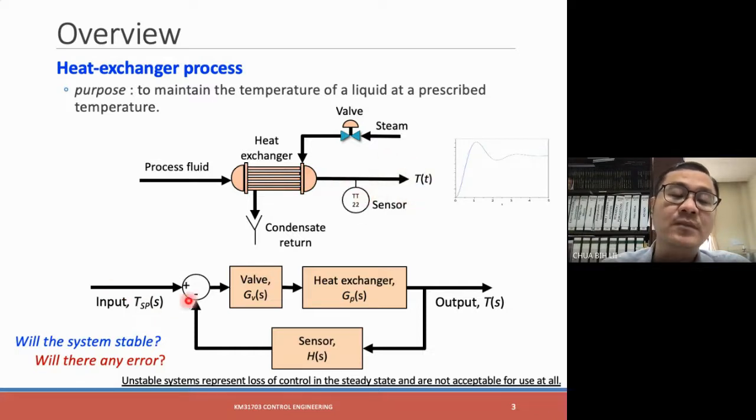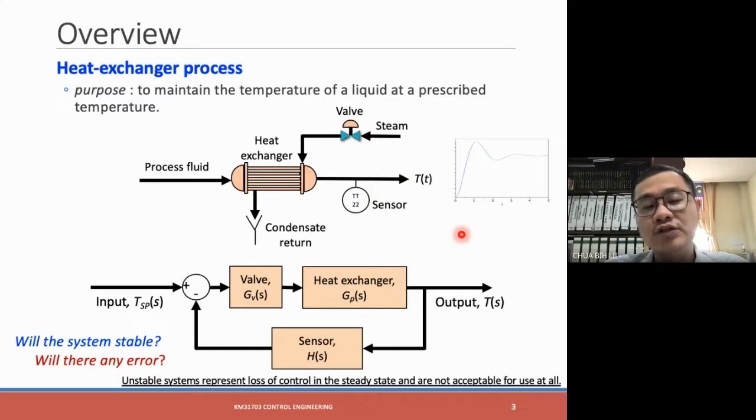This input temperature can be in the form of the steam temperature or the input temperature, depending on how you are going to model this. But what we can use to control is the valve, to control the amount of steam going in. And then we have the heat exchanger, how well the heat is transferred to the fluid in the pipes. And then we have the sensors to detect what happens.